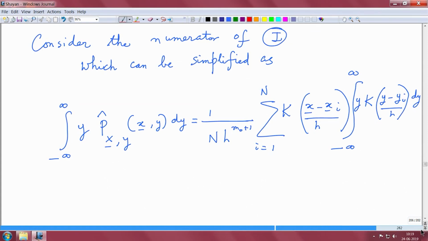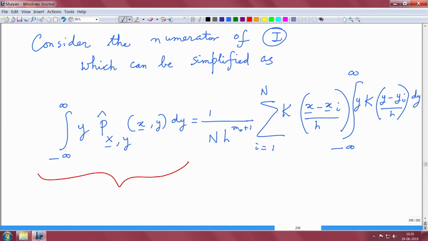Now, what we need is the following: we need to compute this term, which is the integral from minus infinity to plus infinity of y times the estimate of the joint. That is how we started off with equation number 1.